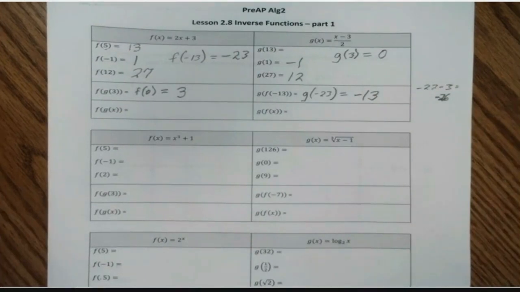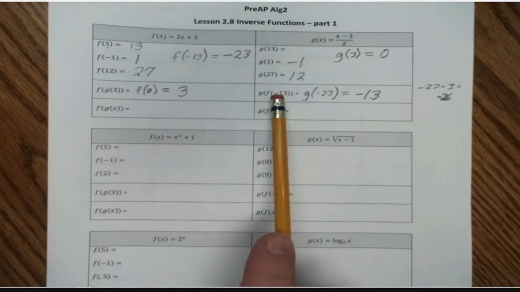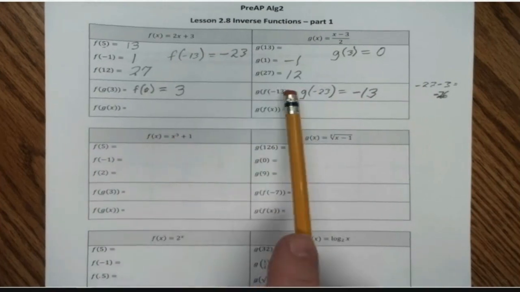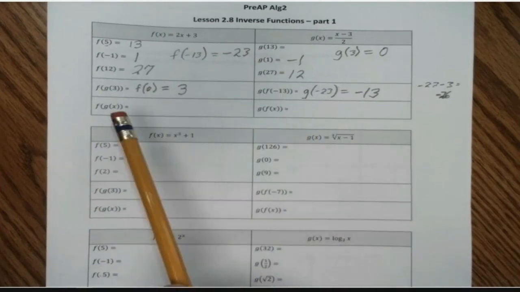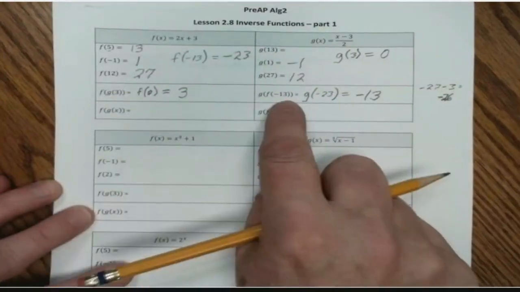Great job, Ryan. So when we substitute g of 3 into f, we get 3. When we substitute f of negative 13 into g, we get negative 13. That's interesting how that turned out to be the same number as the input, for some odd reason.